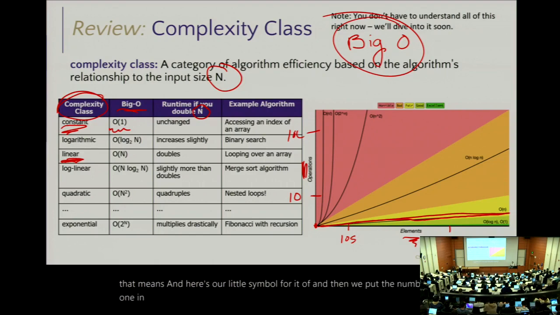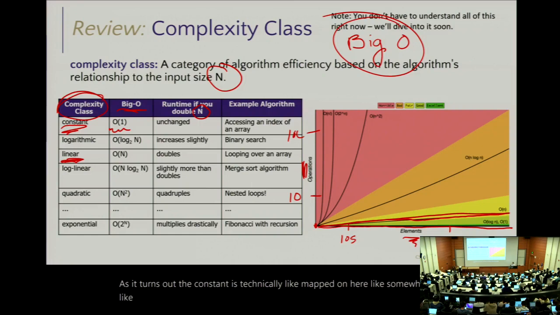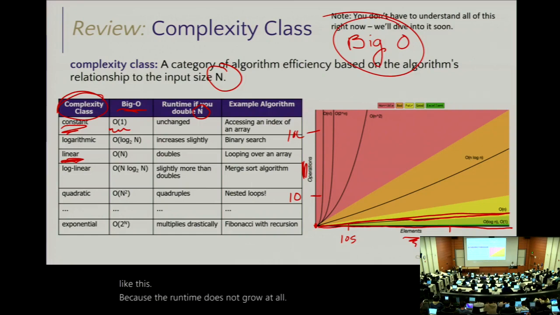You might be like, why is it a 1? Just because literally it just means something that is not dependent on n. Some constant value. As it turns out, the constant is technically mapped on here somewhere like this, because the runtime does not grow at all in relation to how many items are in your data structure.